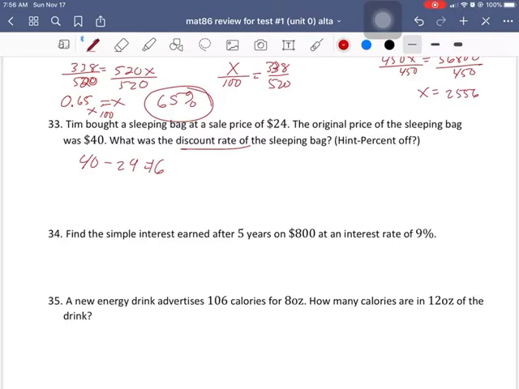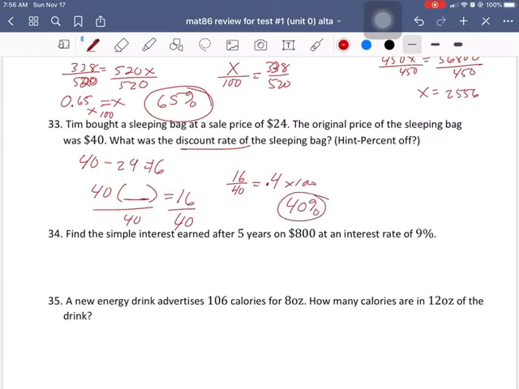So $40 times what percent is what they're looking for equals that $16. Okay, so all you have to do is divide by 40 and get 16 divided by 40 is 0.4, times 100 will give you the 40%.